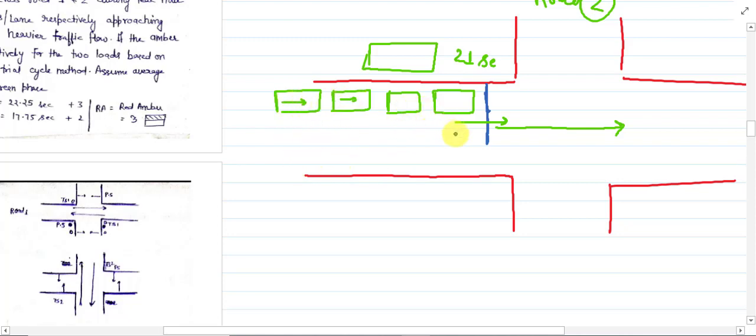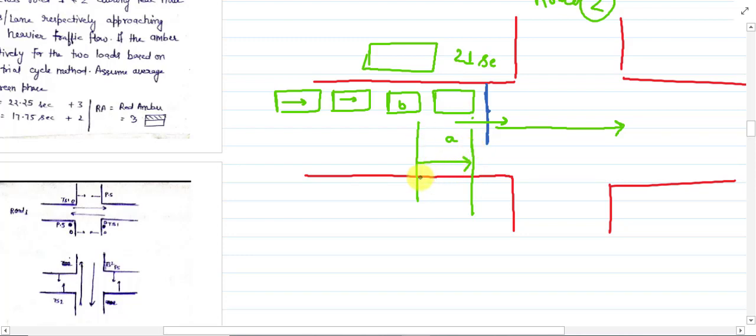So for vehicle A, this is the front line of the vehicle, and the front line of vehicle B. The time taken by vehicle B to cross the front line of A is known as time headway.